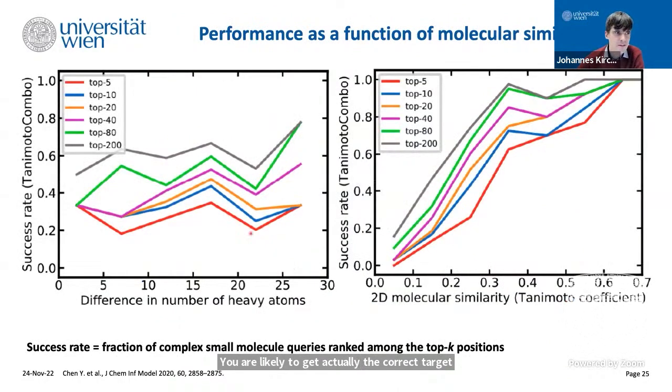And the nice thing is that this method is not dependent on the size of the molecules. What we see here is that our success rates are stay stable even as the difference in size between our query molecule, our molecule of interest, and the nearest molecules with known bioactivity in our training or reference data set increases.